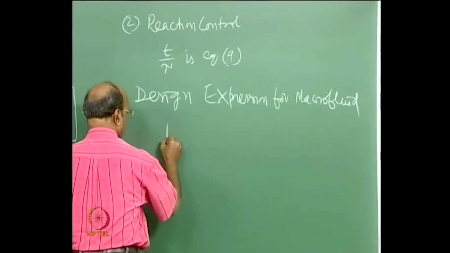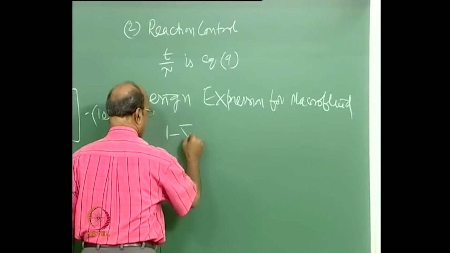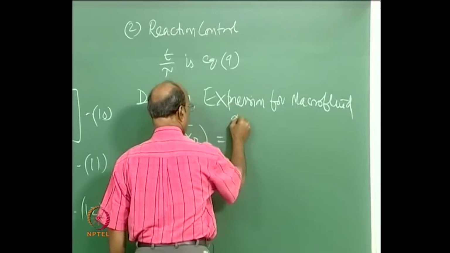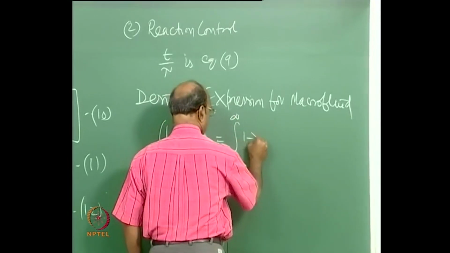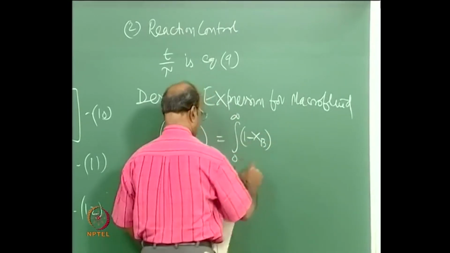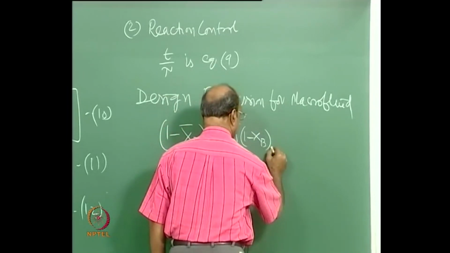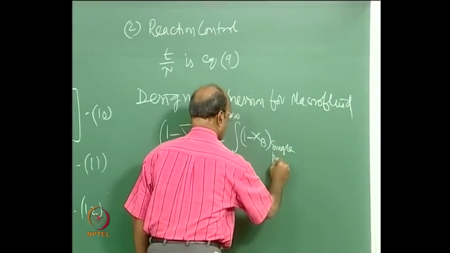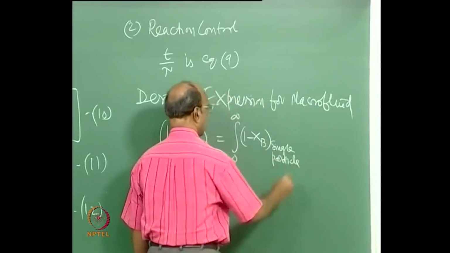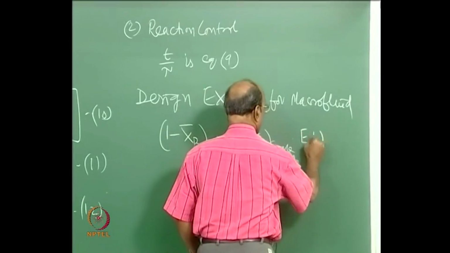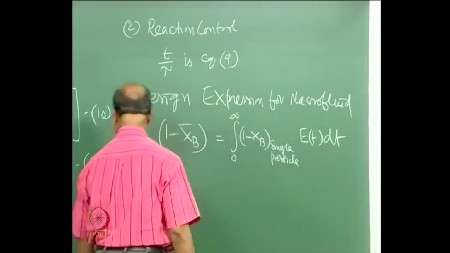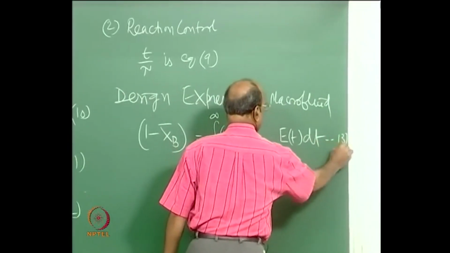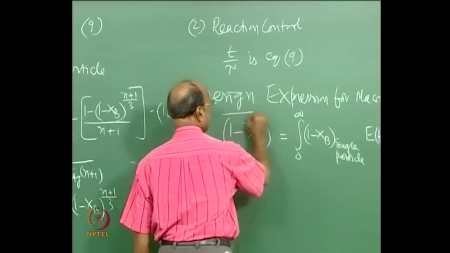We have 1 minus x bar b equal to the integral from 0 to infinity of 1 minus x b of single particle into E t dt. So, this is equation 13.